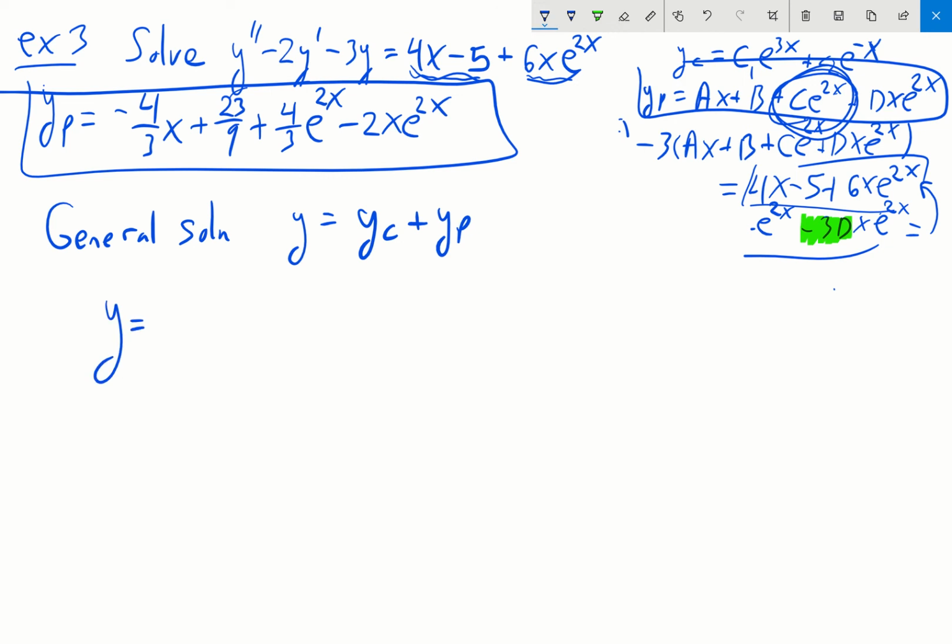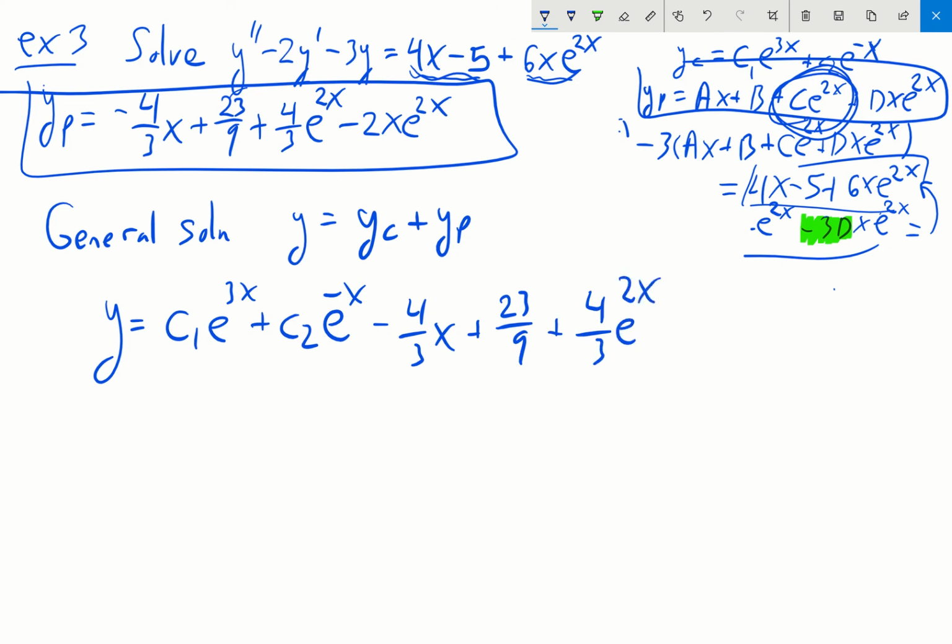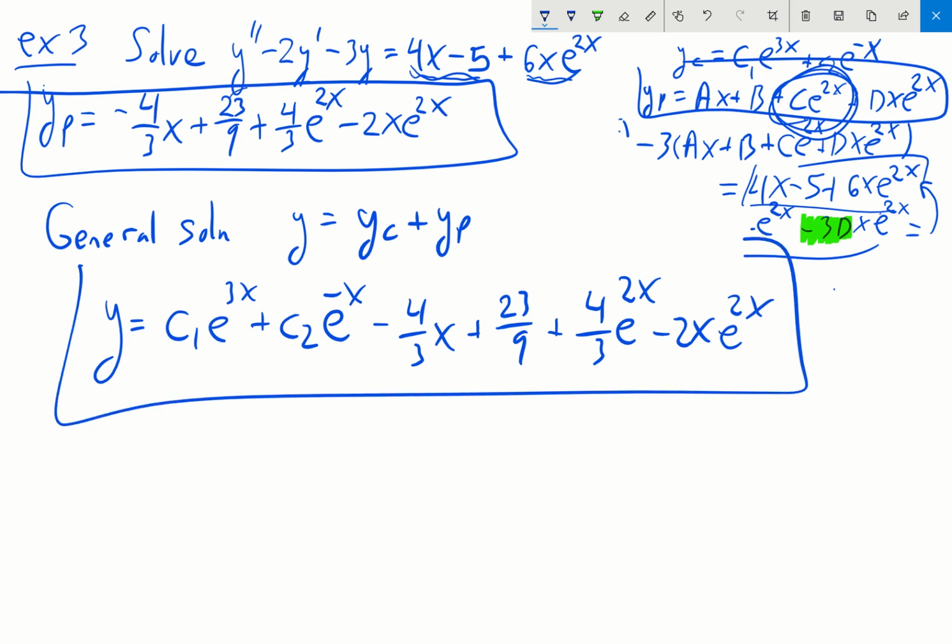That was c1 e to the 3x plus c2 e to the negative x, and then plus our particular solution, which is negative 4/3 x plus 23/9 plus 4/3 e to the 2x minus 2x e to the 2x. And there you have it. That's the general solution to this differential equation.